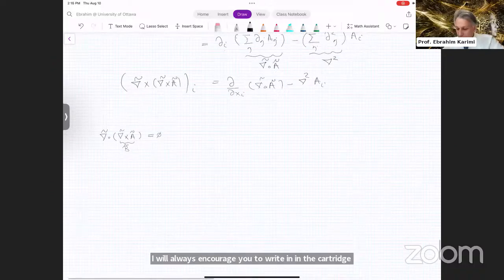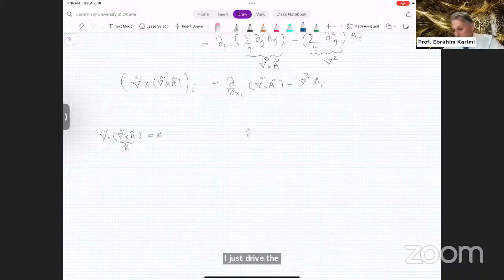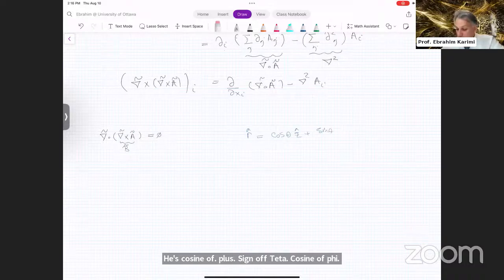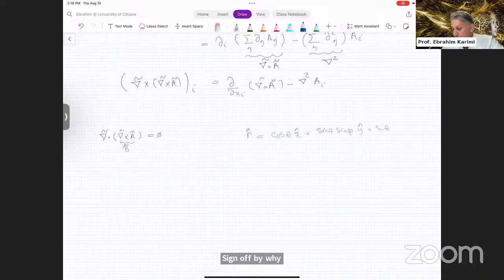So, for example, we say r hat, right? I just derived the r hat for you. And what is r hat in the Cartesian coordinates? It is cosine of theta z hat plus sine of theta sine of phi y hat plus sine of theta cosine of phi x hat.